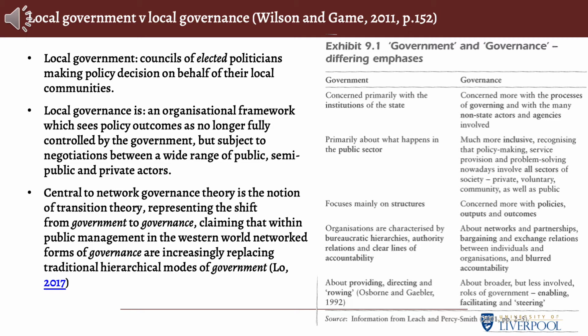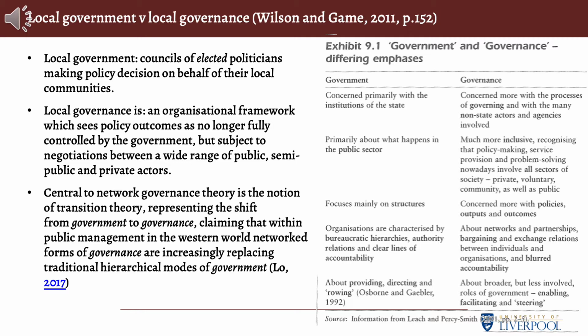So essentially, where in local government you have one individual who just decides policy, that is the local government. In local governance, the local council is just one player within a wider policy creating framework, and the policy itself does not necessarily reflect what the local government wanted.